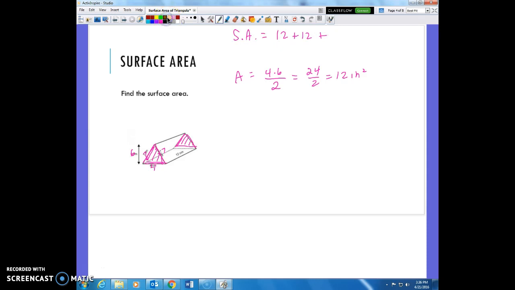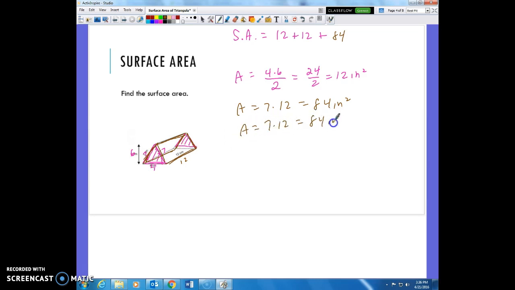And let's go ahead and do this rectangle here. That length is 12 as well. So it looks like this rectangle is a 7 by 12, which is 84 square inches. And I have a rectangle in the back here. It's 7 by 12.